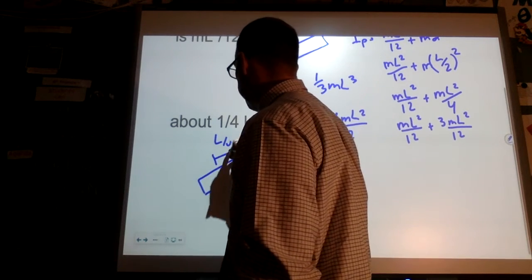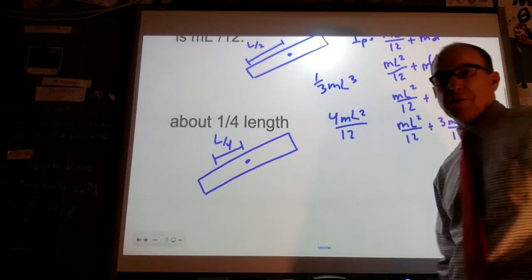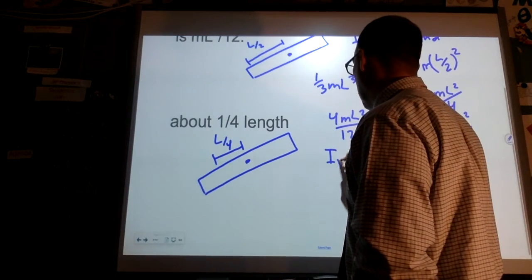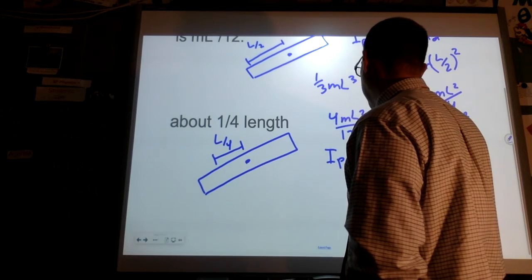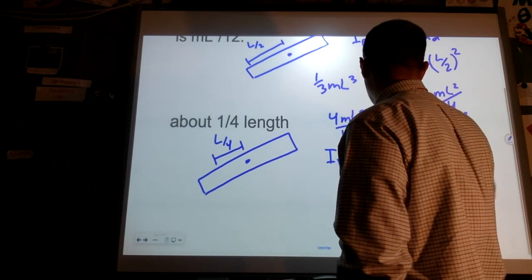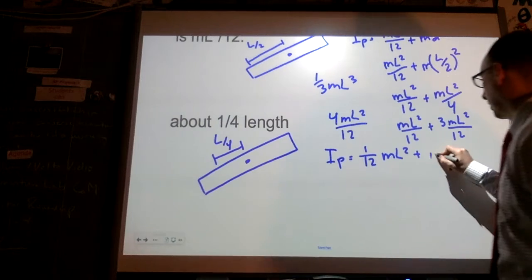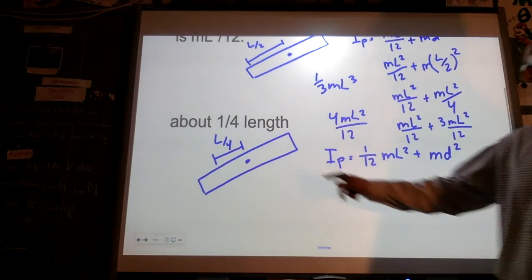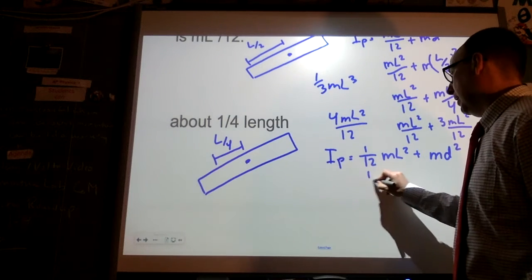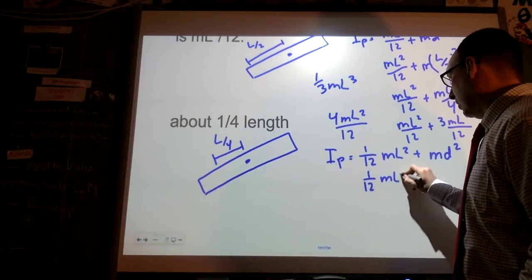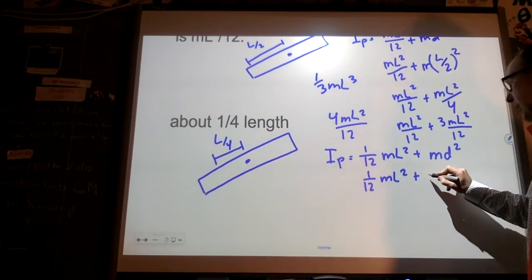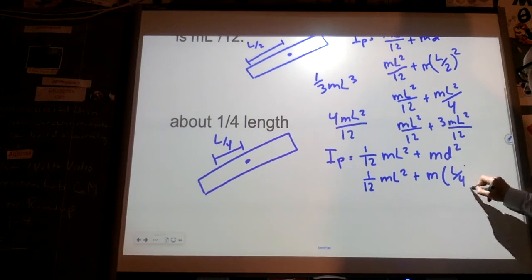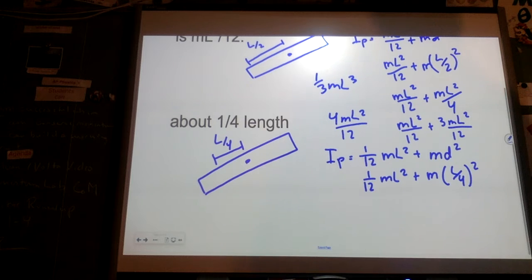So now I'm shifting it from there to there. So I'm shifting it by a quarter. Again, my new moment of inertia is going to be my original moment of inertia plus how much I shift it. So now I'm shifting it by L over 4. And so this is going to be 1/12 ml squared plus m L over 4 squared.